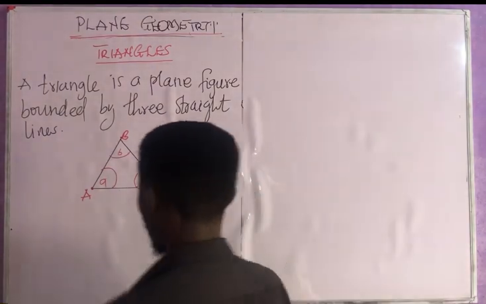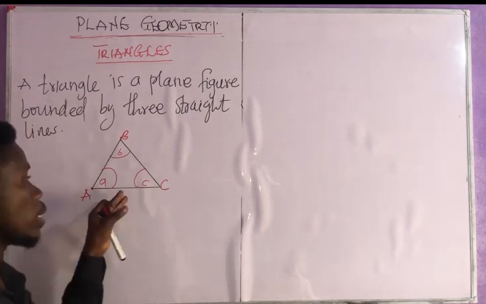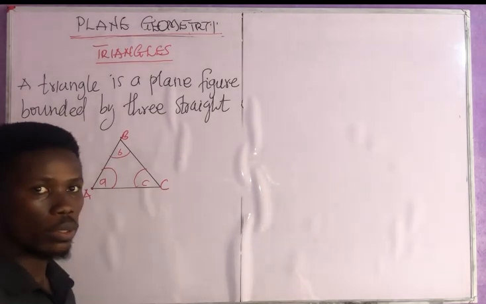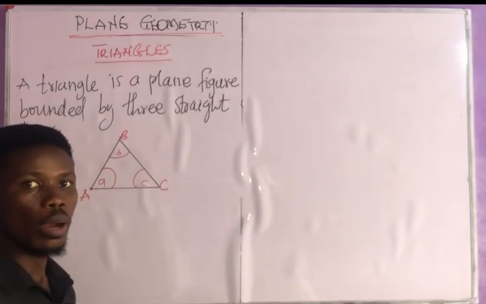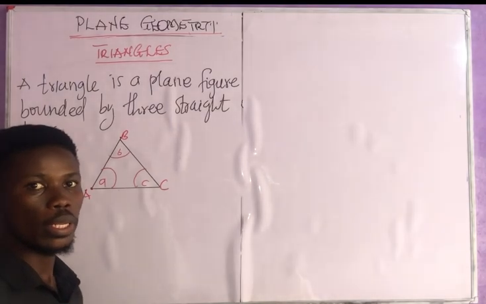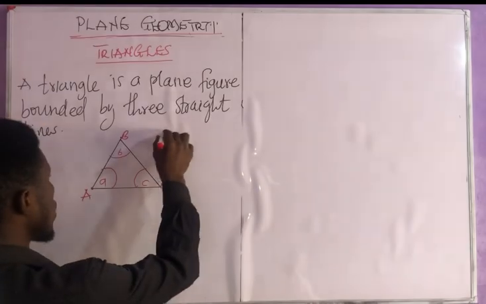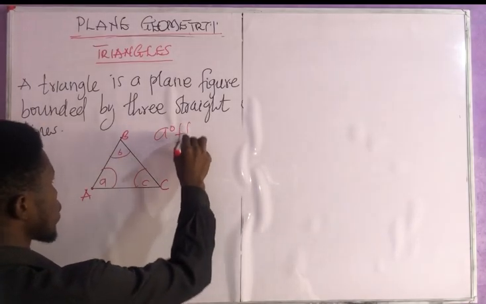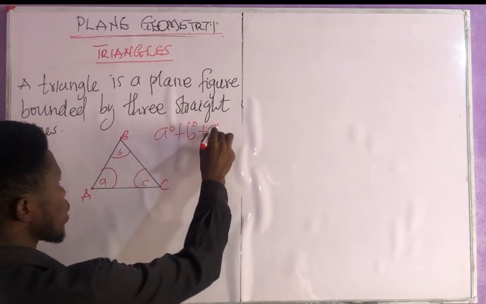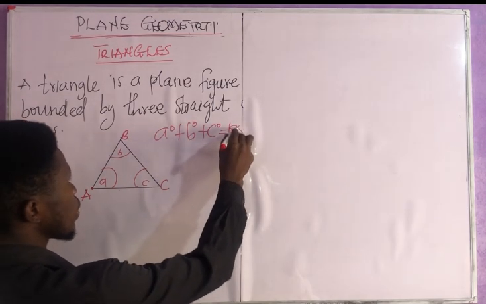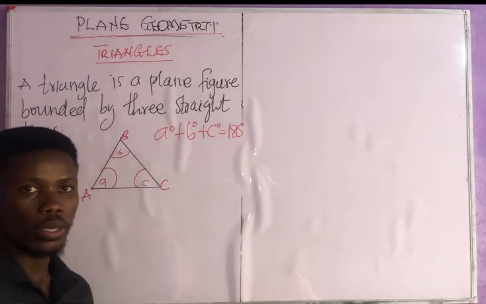Now, the sum of interior angles of a triangle sum up to what? 180 degrees. So angle A plus angle B plus angle C equals 180 degrees. Is that okay?